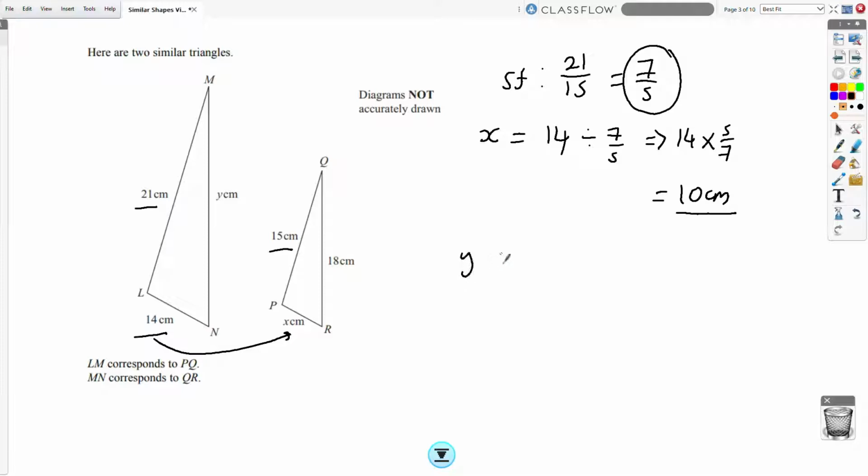And then for y, we're going from a smaller length of 18 to a bigger length. So you're doing 18 times 7/5. You do 18 times 7, divide that by 5, and you get a value of 25.2 centimeters. Makes sense since it's bigger than 18.